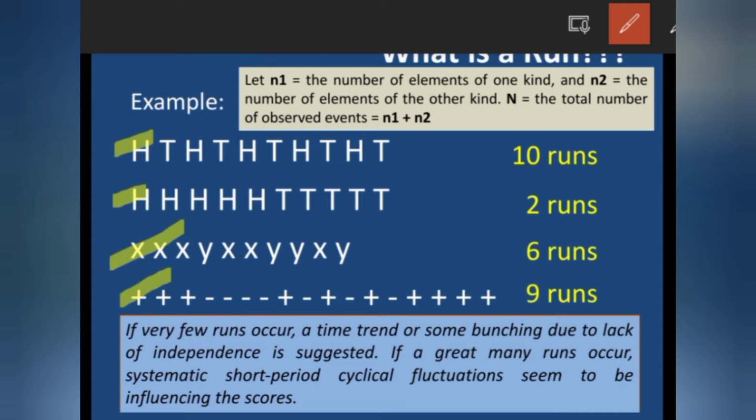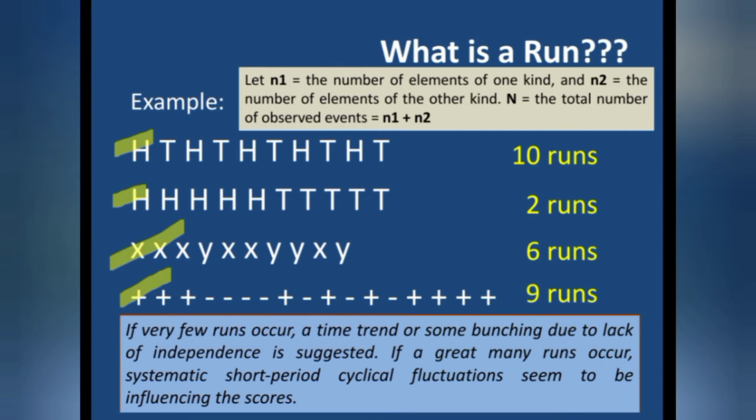We do not know what comes next. So in these two, the sample is random. These two give us the information that we failed to reject the null hypothesis that the sequence is random.